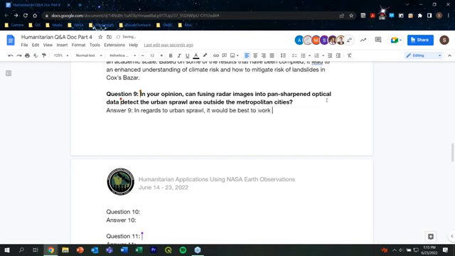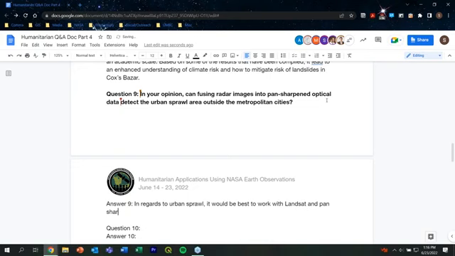You probably don't need pan sharpening if you're going after urban sprawl, because urban sprawl takes place at scales that are well beyond that 15 meter scale. It depends on the city, but you probably are okay with a moderate resolution system. You don't need to map a city at 1 meter resolution, for example, to detect urban sprawl.